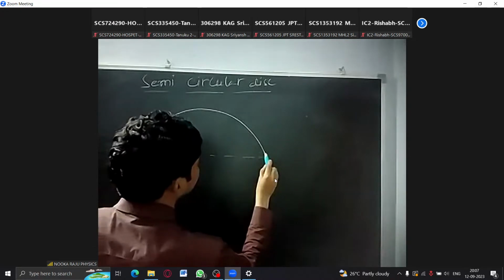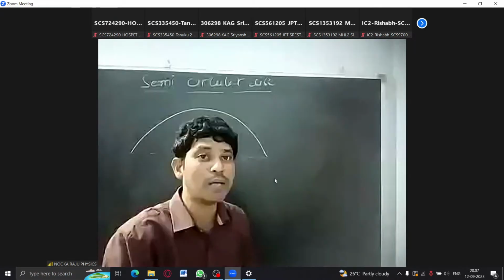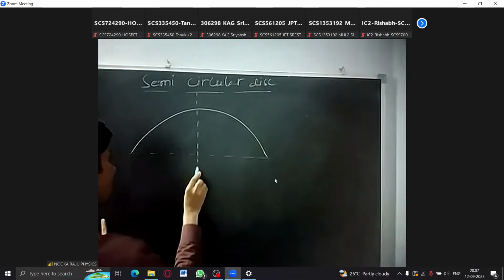Now here, this is the x-axis. First step, you have to choose the symmetry of the given body. This is the symmetry. Symmetry means divided into two equal parts.